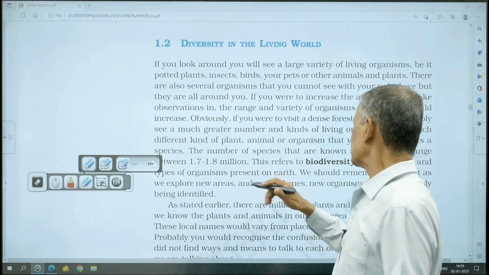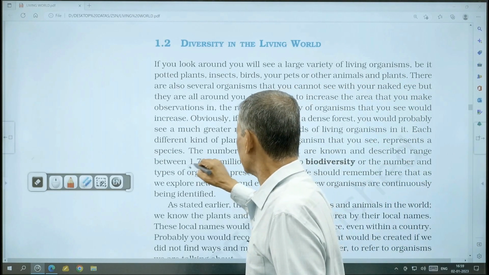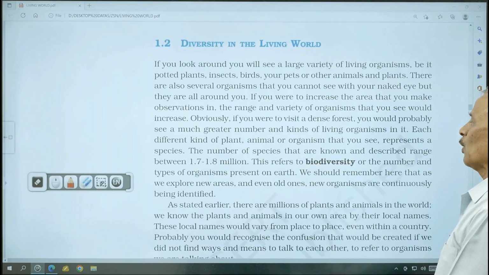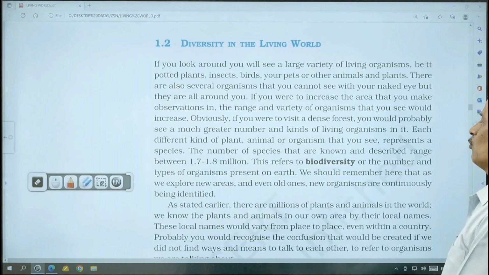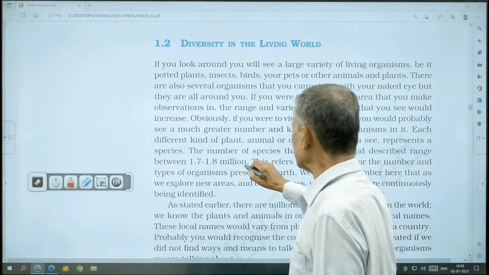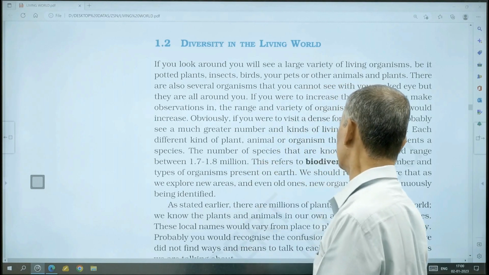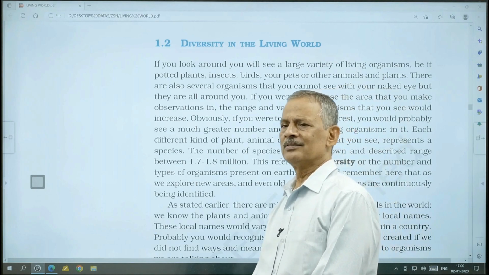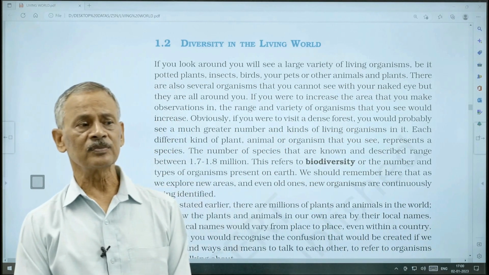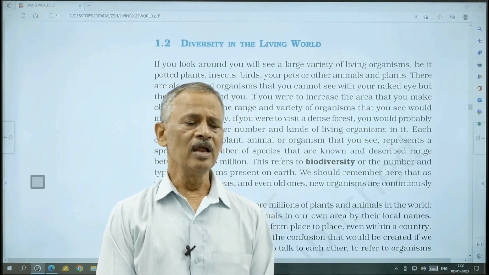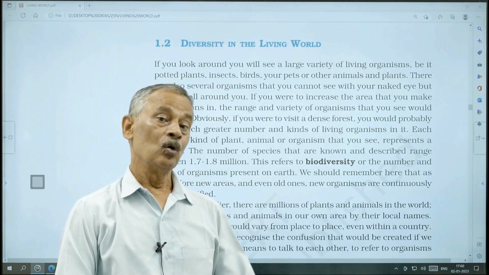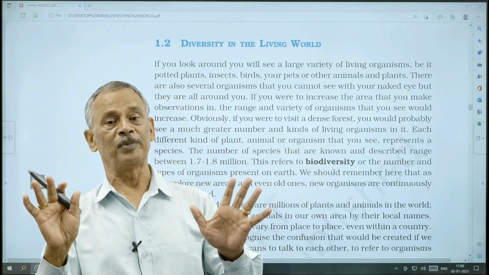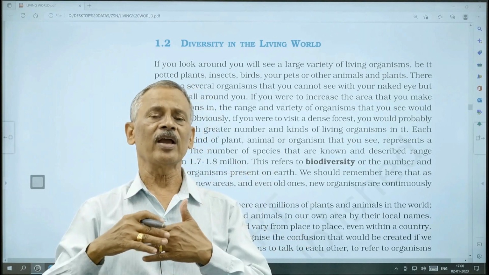It is estimated that there is a range of between 1.7 to 1.8 million species of living things in this world. We have not studied or discovered all the living things. A lot is still to be discovered. So, we have already discovered and studied 1.7 to 1.8 million. A lot, again, we have to study and discover.